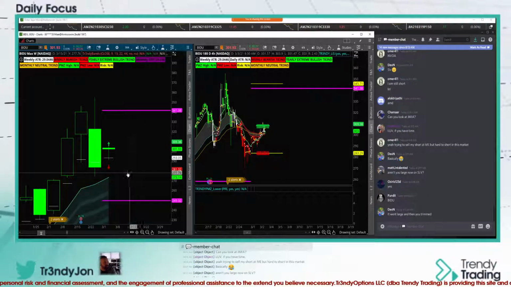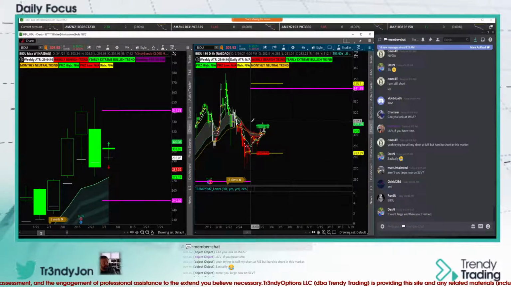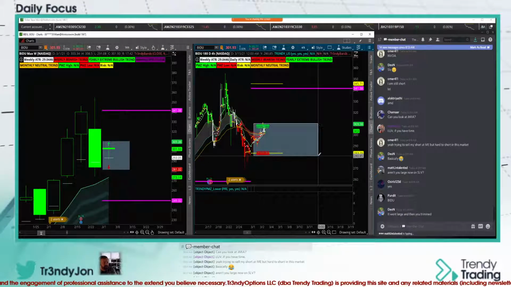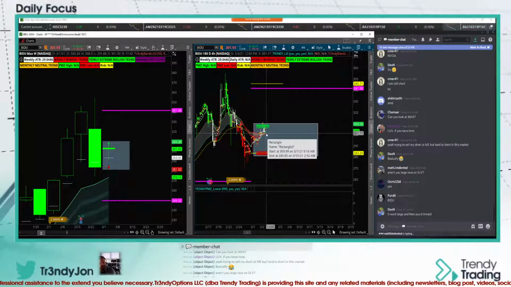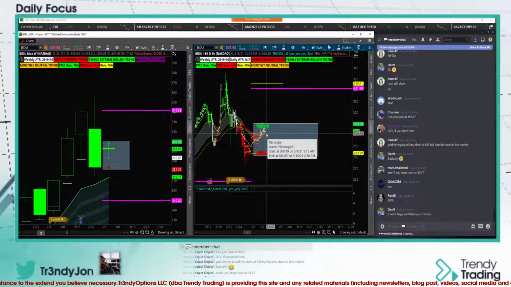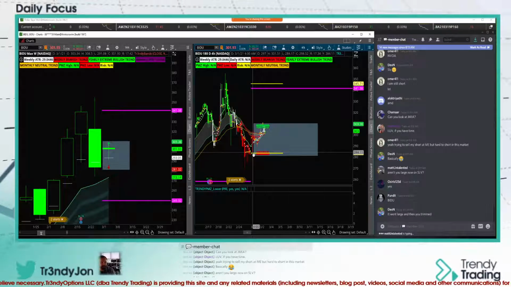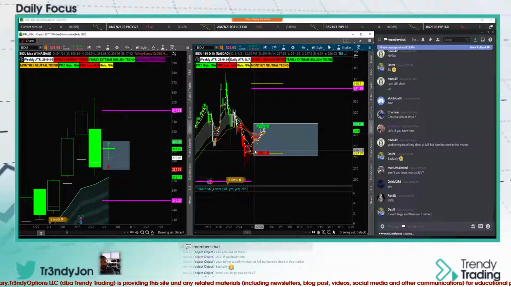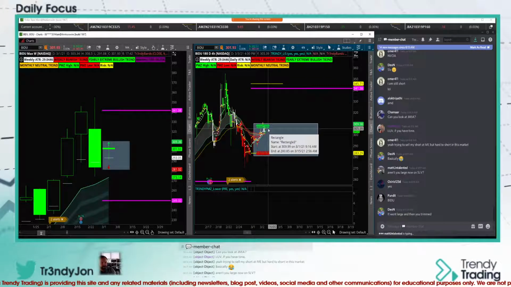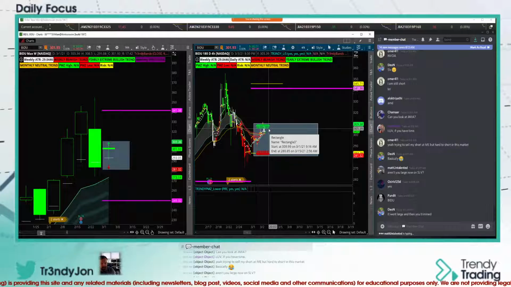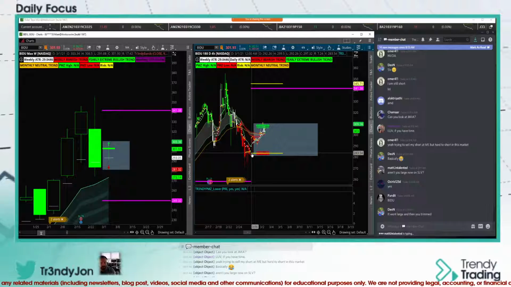Anyways, so on Baidu, nice inside week. This is an AC/DC setup. Okay, AC/DC right here, just like this. Let's say you're just now looking at this trade. You're above the 4 hour, you hit the accelerator, and you're like, man, I wish I would have taken this trade back here once we were just getting over the decel, and then I'd already be up. If you have not taken this trade yet, this is where I like out of the money, just because I'm a little late to the party.